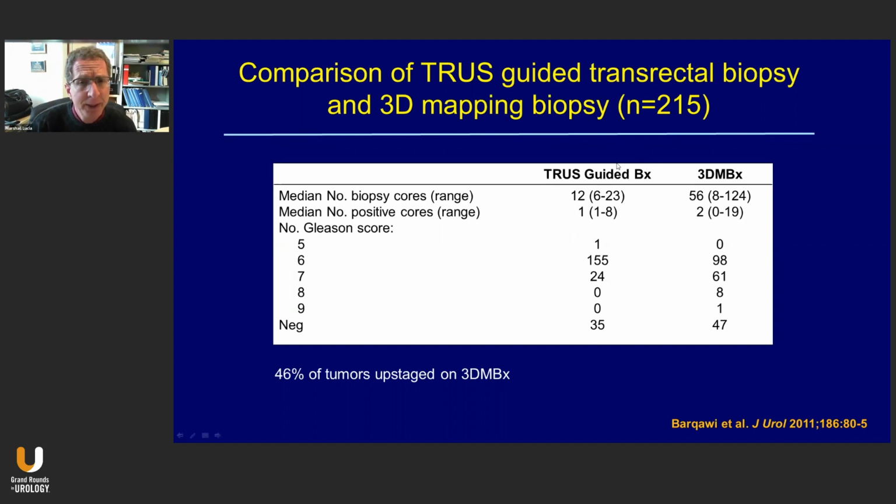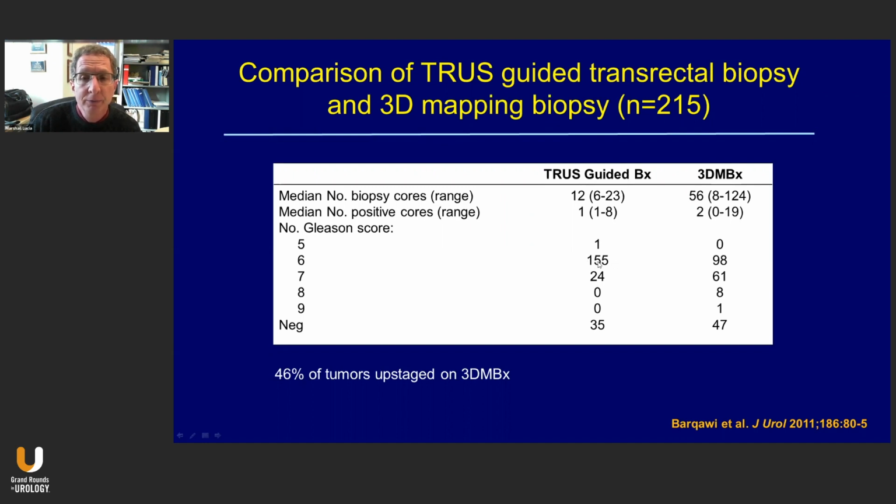We can also look at our data in our institution. We've looked at this in 215 patients who had both a TRUS-guided biopsy and a template-guided mapping biopsy. And you can see what happened here. When you look at the grade group phenomenon here, 40% of our cases were upgraded from TRUS biopsy to mapping biopsy, particularly in the Gleason 6 range here.